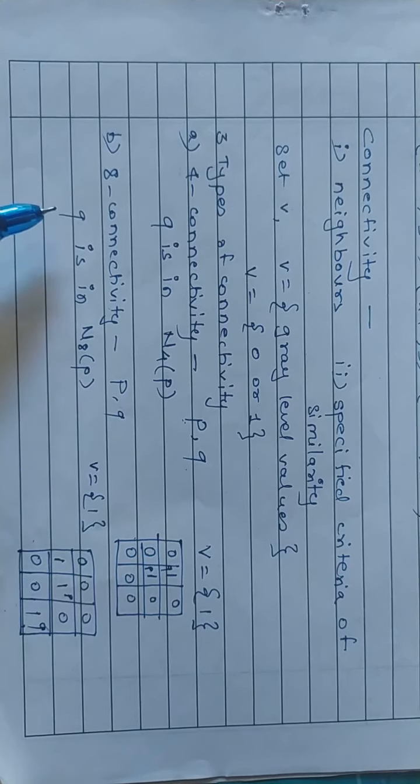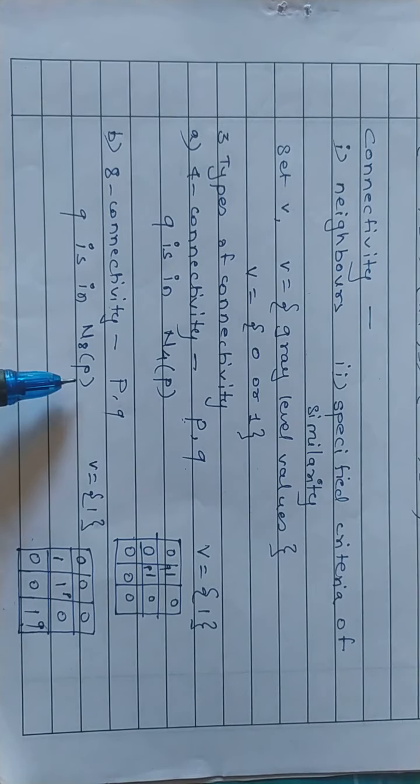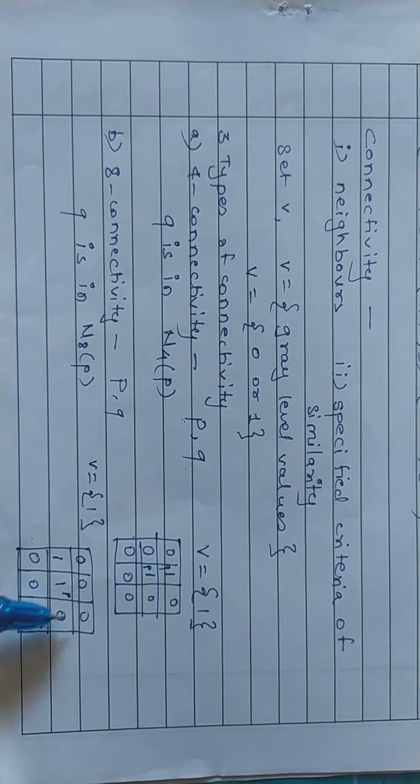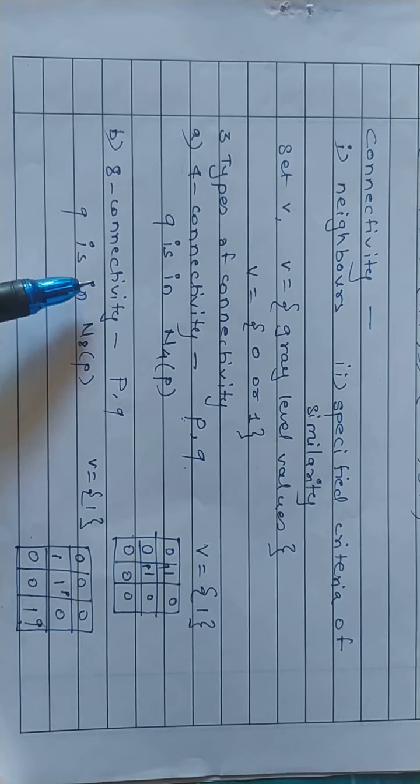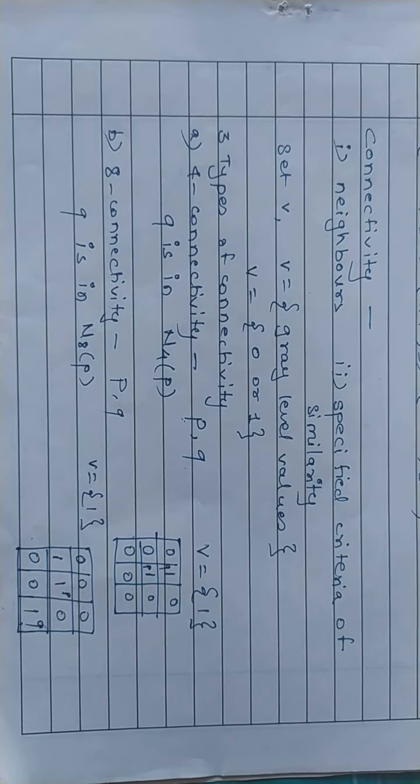Then we have to identify whether Q is in N8(P), that means Q is an 8 neighbor of pixel P. By observing this we can say that Q is an 8 neighbor of pixel P. That's why pixels P and Q are considered as having connectivity, and that connectivity is nothing but the 8 connectivity.